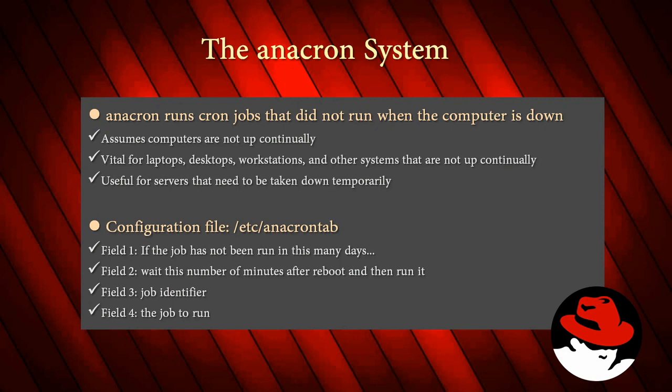You can configure this with the anacrontab file in the etc directory. It has 4 fields. Field 1 is used if the job has not been run in this many days. Field 2 is the number of minutes to wait after a reboot and then run it. Field 3 is used as a job identifier, and field 4 is the job to run.